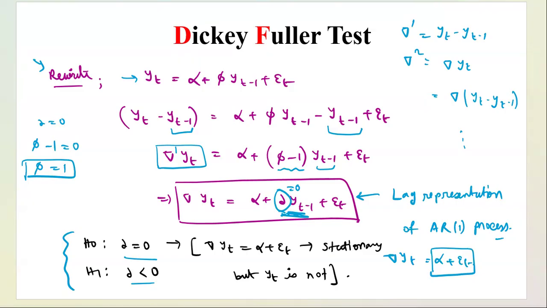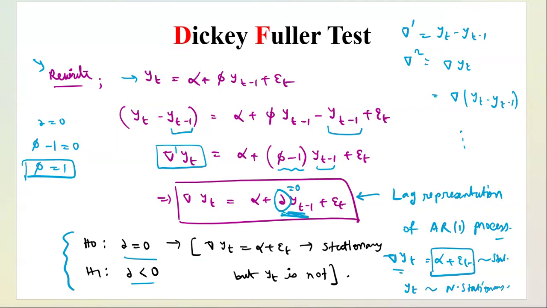So delta yt is stationary, but the process yt is non-stationary. I hope this is clear. It may sound a little confusing, but I hope you got the logic: when you put delta 0, delta yt becomes alpha plus epsilon t, which is stationary, but the original process yt becomes non-stationary.